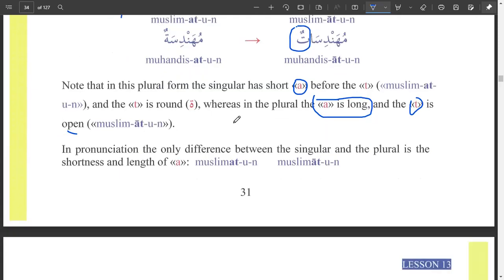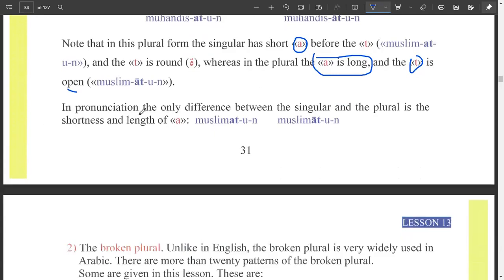These are the open ta. In pronunciation, the only difference between the singular and the plural is the shortness and length of the alif. In the singular we keep it short, and in the plural we make it long. Muslimatun.